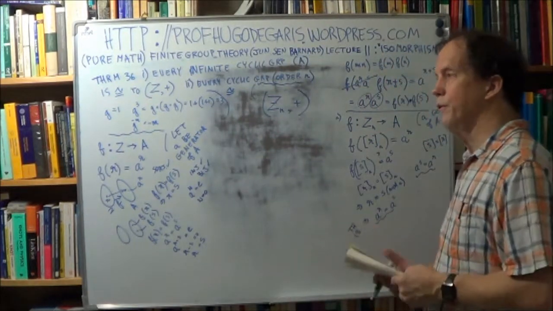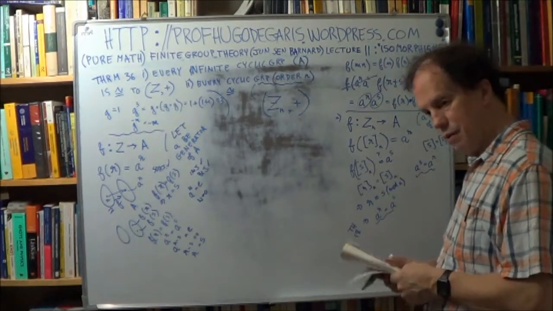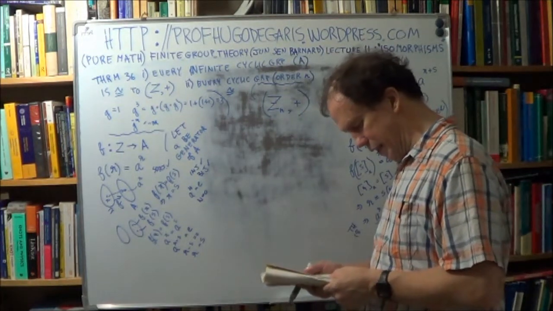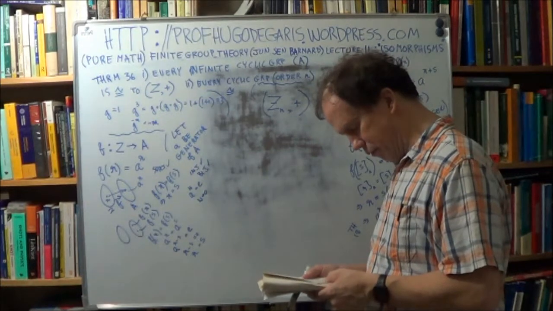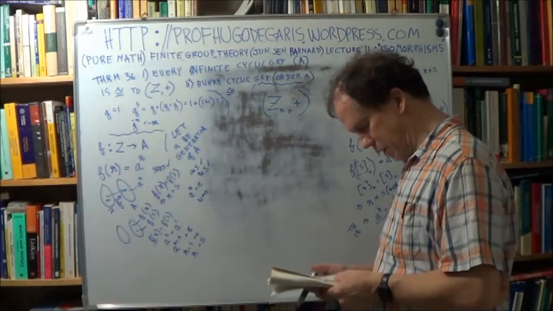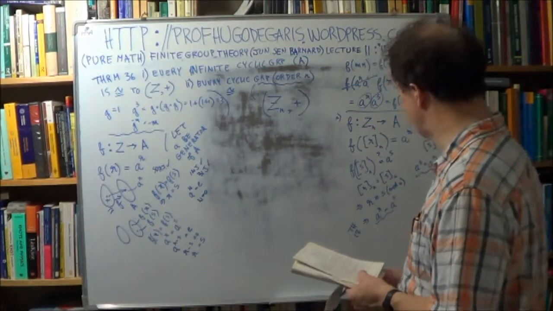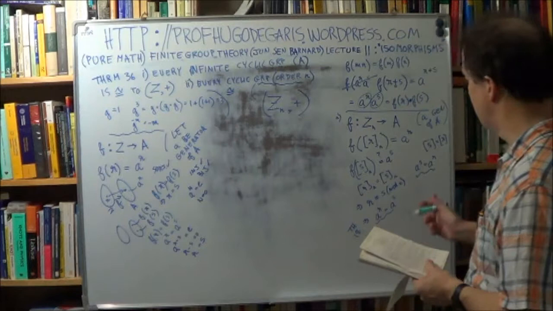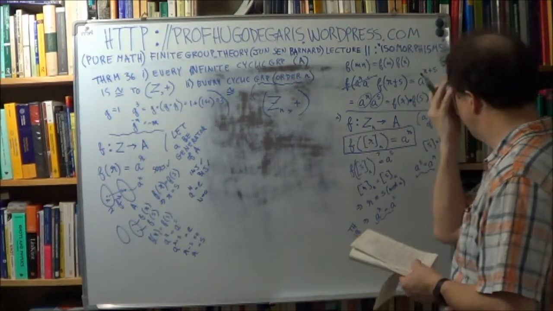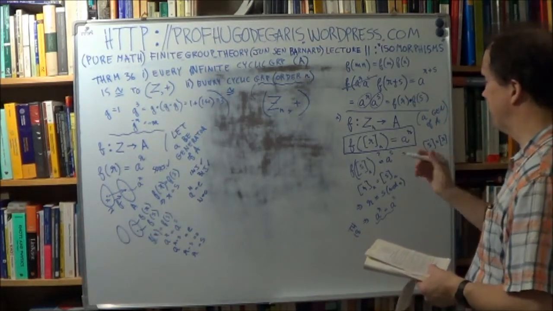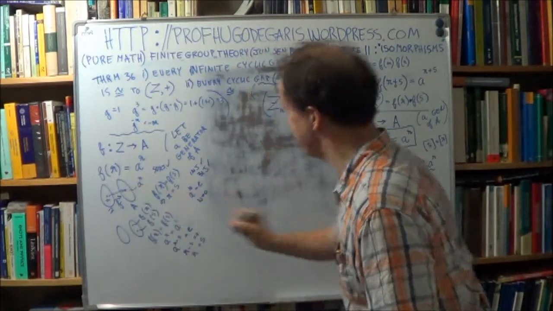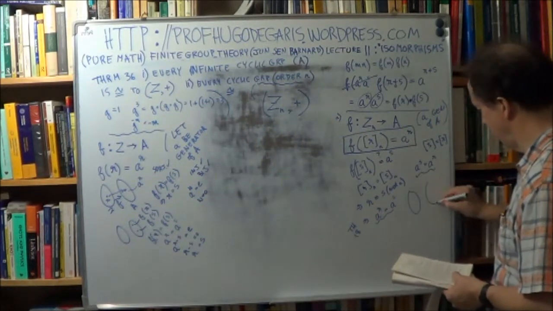Now we have to prove bijection, and that means we have to prove injection and surjection. How to prove that? I guess in a similar way. Here, I'll just draw a diagram similar to this. Now what are we doing?